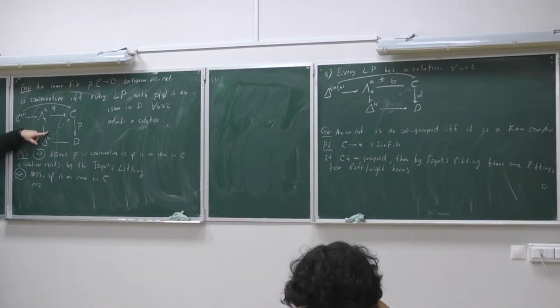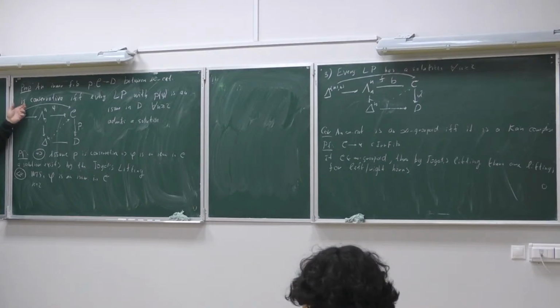I also used this argument just here before I erased it. You take n equal to 2, the horn with phi and identity. You construct the left inverse, and then you apply the same argument to this left inverse, and construct a left inverse for it again. So this left inverse is actually invertible, so phi is invertible. That's exactly the same as in the proof that left fibrations are conservative.